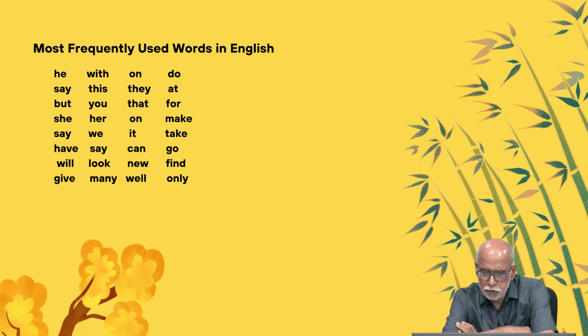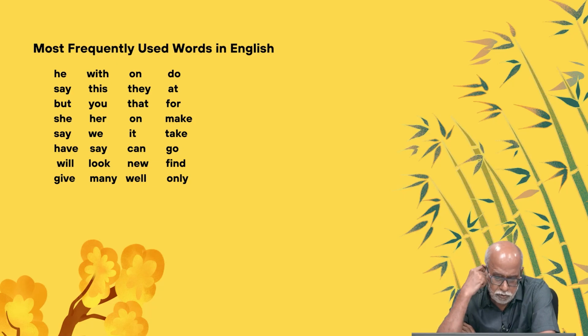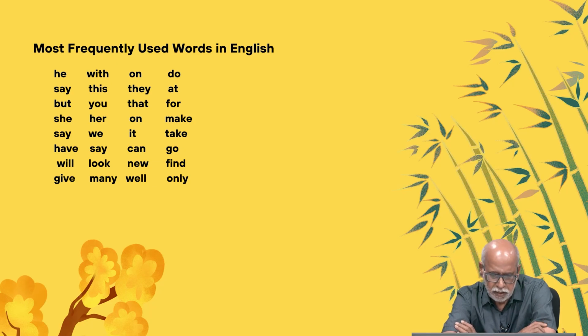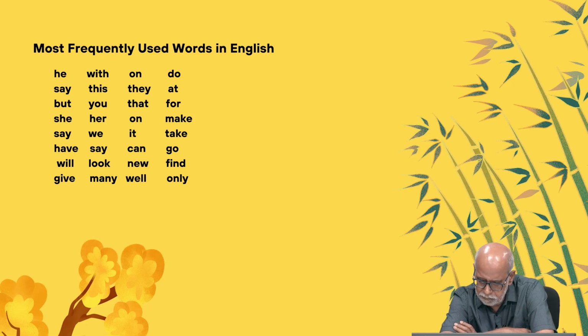But you can see that there are lots of pronouns. In about 25-30 words that we have here, you can find almost 8 to 10 pronouns: he, this, they, that, it, her, she, we, you, etc. Okay. Then no nouns, of course, because pronouns stand for them.